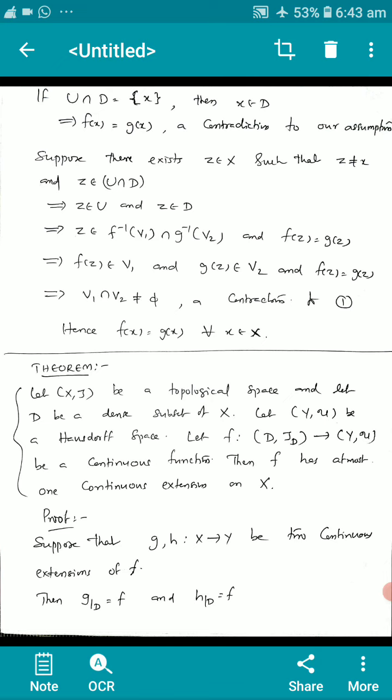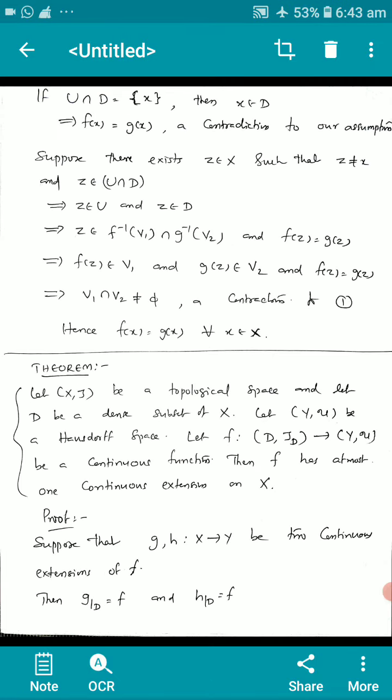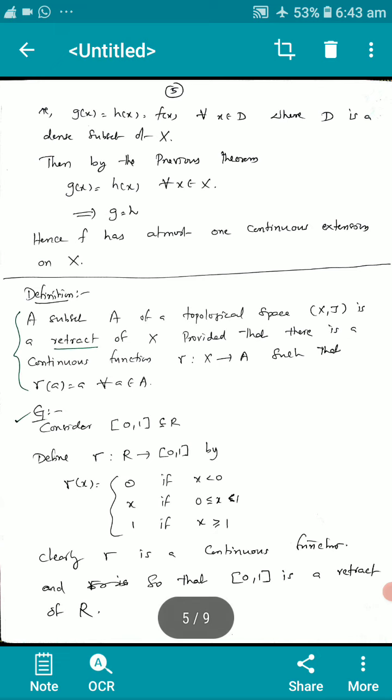If possible, take two continuous extensions. Suppose g and h from X to Y are two continuous extensions of f. Then g restricted to D is f. Similarly, h restricted to D is again f, because they are continuous extensions of f.